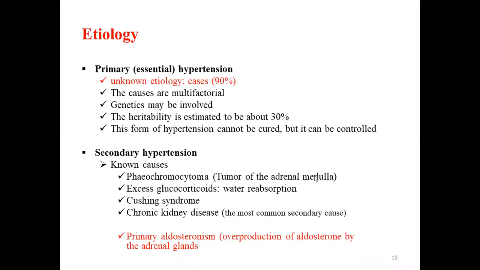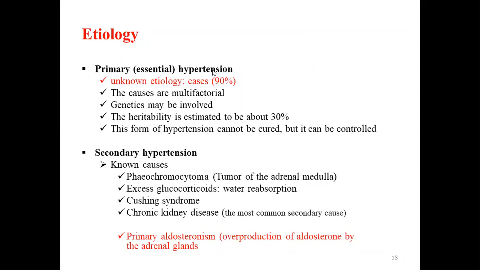Based on the etiologies, hypertension can be classified into two categories. Primary, which is known as essential hypertension. The etiology is not known, and more than 90% of the causes of hypertension are not known. So the majority of hypertension in the clinical setup is usually unknown.